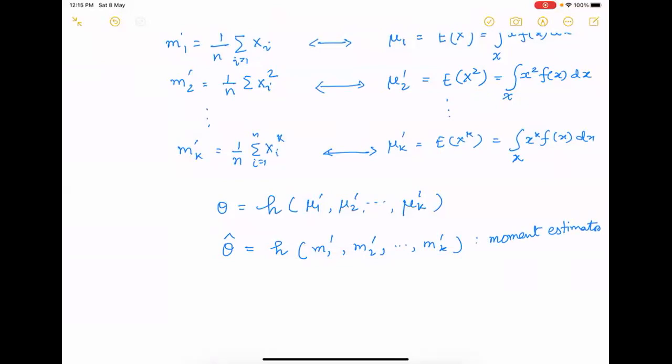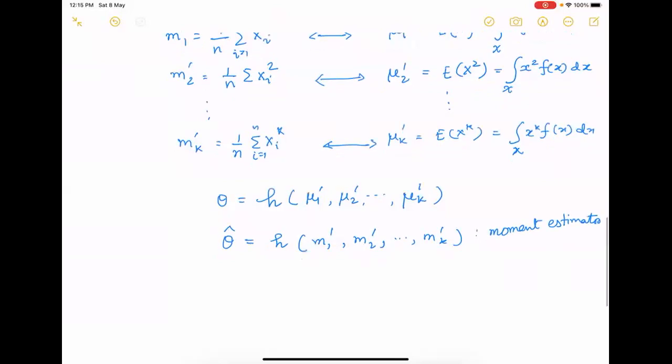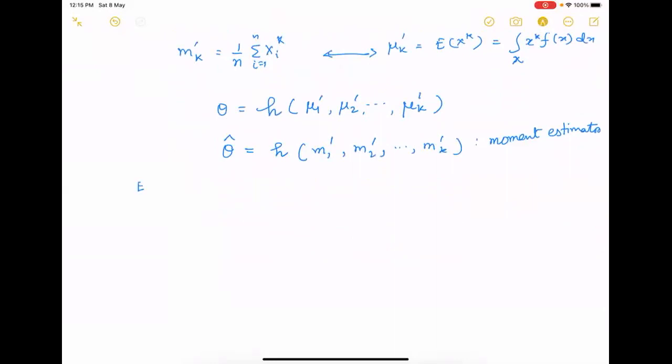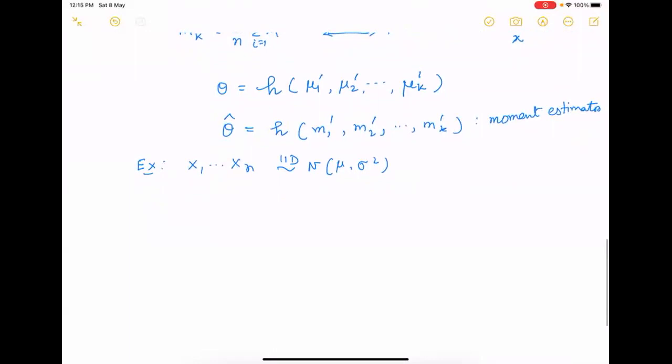One simple example: let's take the normal distribution case. So x1 to xn follow IID normal mu, sigma square. We know that the expected value of x is mu itself, and the variance of x is sigma square. Now what is the variance of x? Variance of x is the expected value of x square minus the expected value of x whole square.